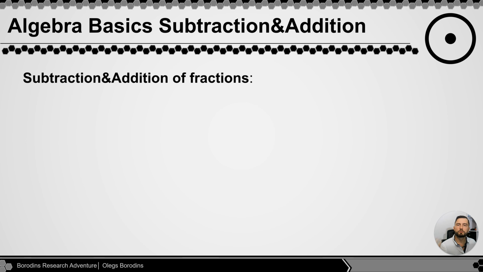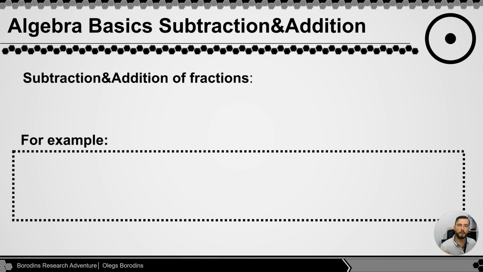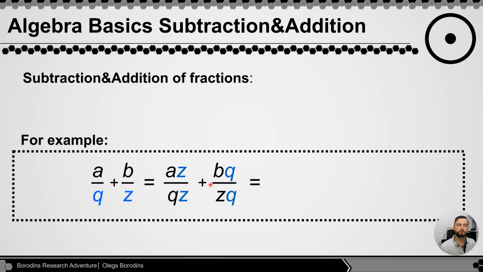But how would we subtract and add fractions? Again, to do the subtraction or addition, we need to get an equal denominator. As you can see in this example, they have different denominators, a divided by q and b divided by z. So to do so, we need to multiply the opposite denominator to the numerator, like this.